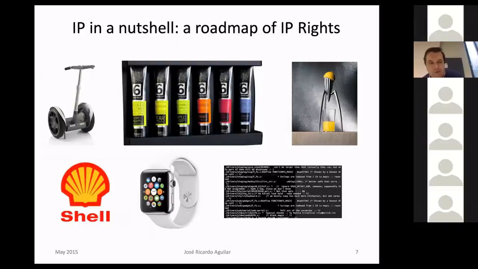So a very different approach with regard to innovation regarding the packaging of this kind of food, so jellies. Then the famous orange crusher from Philip Stark on the top right. Then we have a trademark here, Shell. Then we have the wearable iWatch from Apple, and we have source code as software itself.